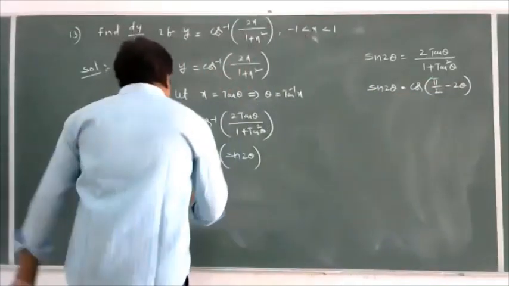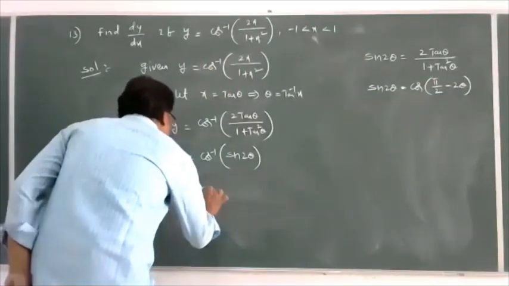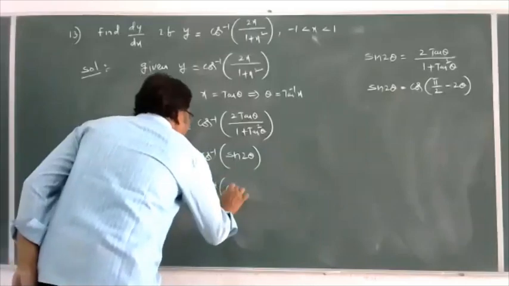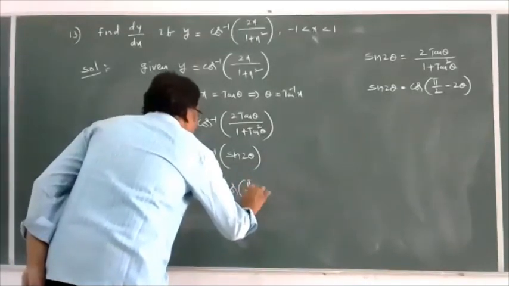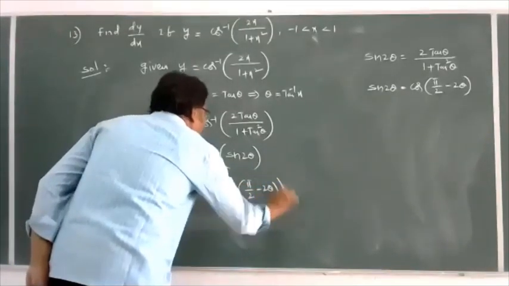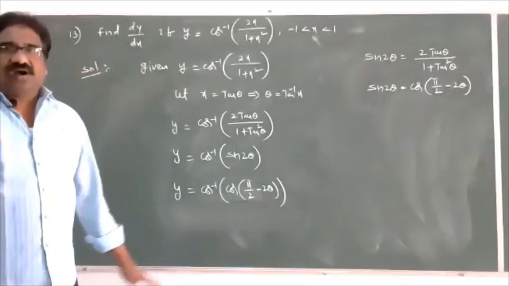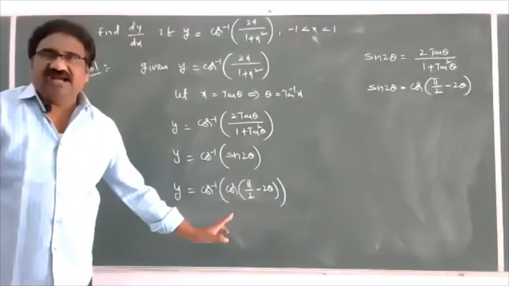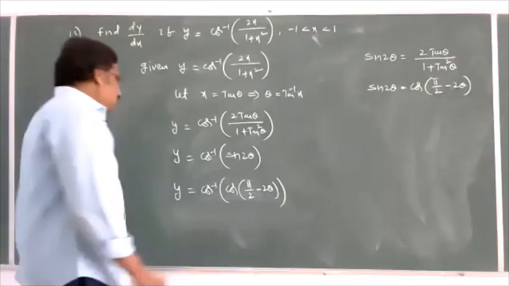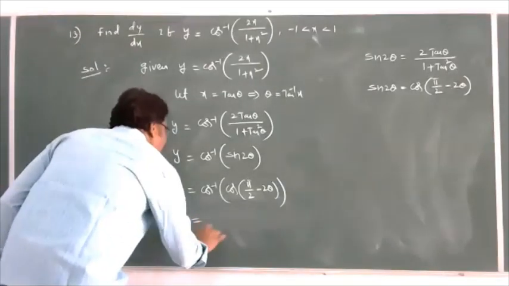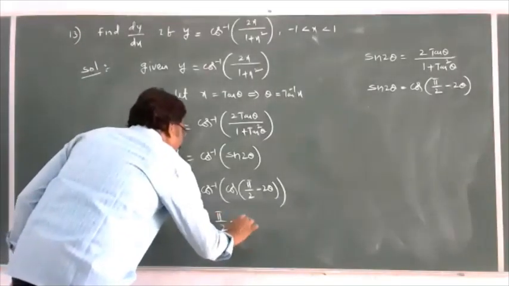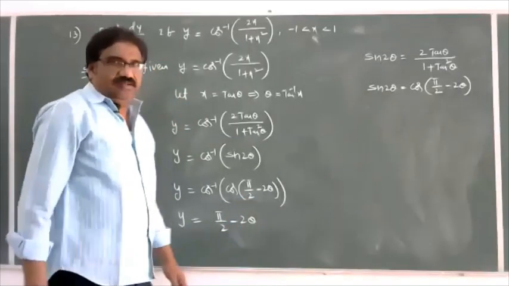That's why we write y is equal to cos inverse of cos of pi by 2 minus 2 theta. So this is y is equal to pi by 2 minus 2 theta.